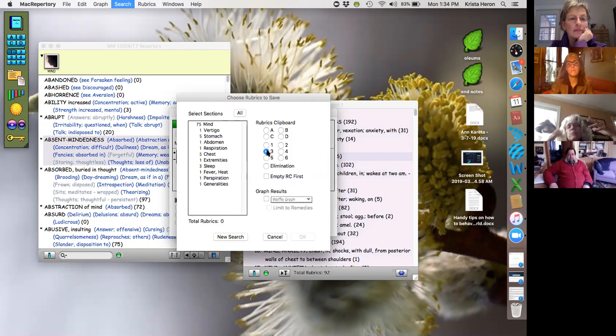If you wanted a clipboard that shows me all of them, calc and calc-phos, and here's one, no, the first 90 was just calcarea, and here's the one that's just calcarea without calc-phos. If we're going to compare them, we want to have both.